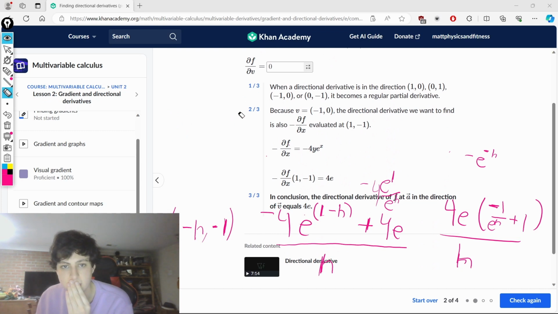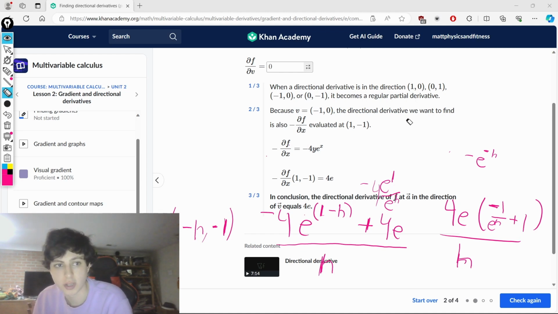Let's get rid of all this. So we knew that the negative version was 4e. We knew that. When a directional derivative is in the direction 1, 0 or 0, 1, it becomes a regular partial derivative. That does make sense.